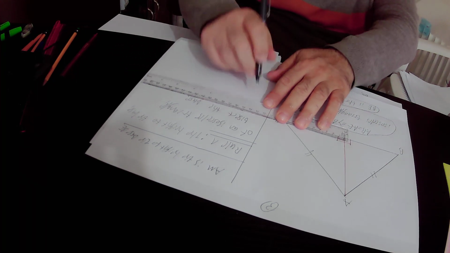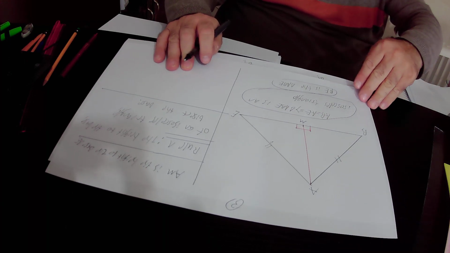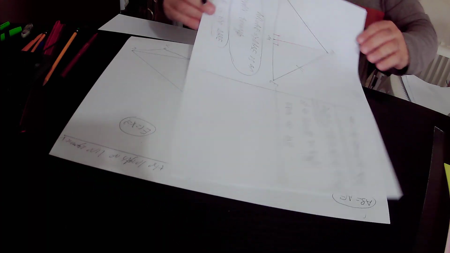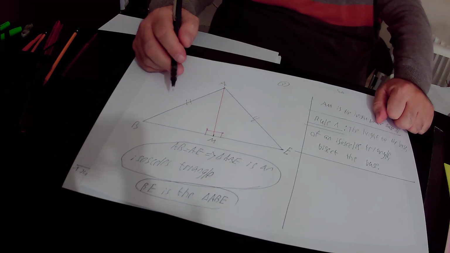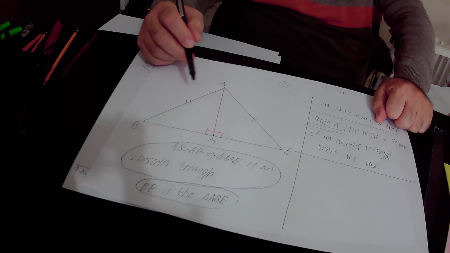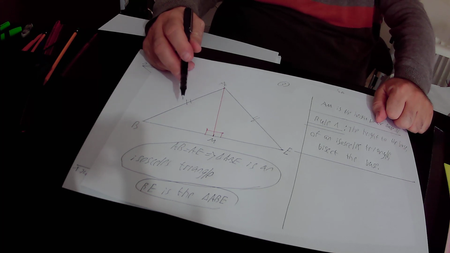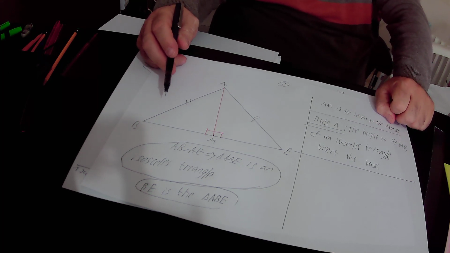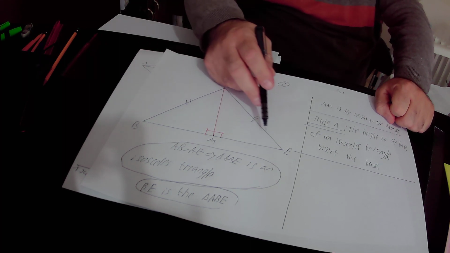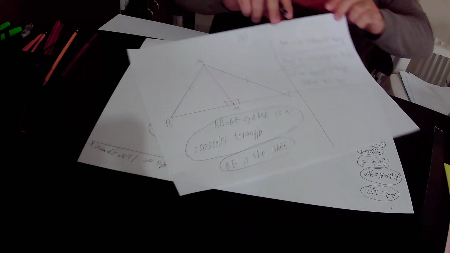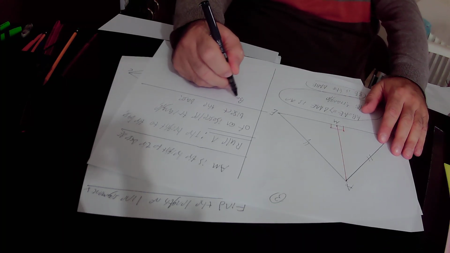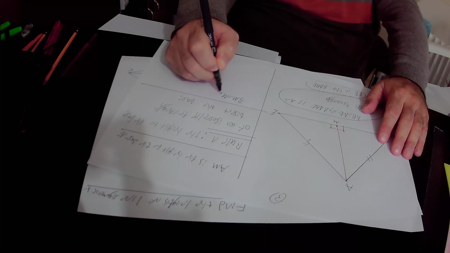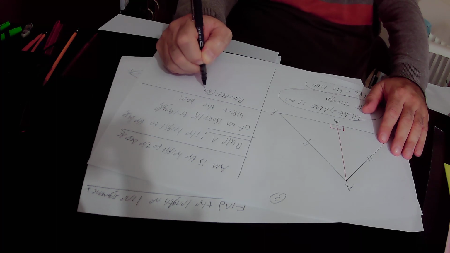So according to rule number 1, the height AM to the base BE of the isosceles triangle ABE bisects the base BE. That is to say, it divides it into two equal parts. That is to say, BM is equal to ME according to rule number 1.